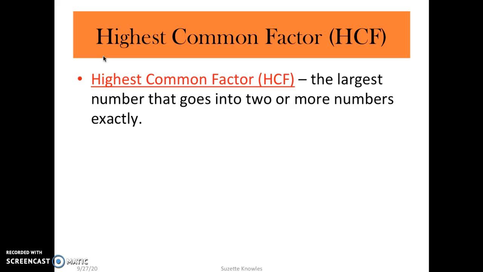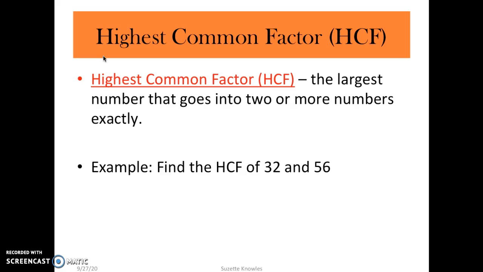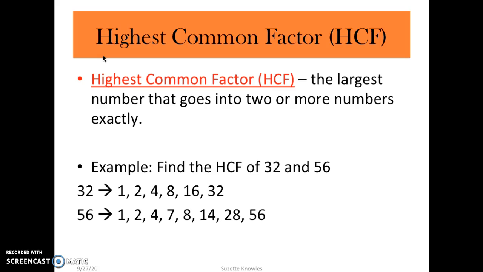HCF, highest common factor. What is the highest common factor? Here is an example. We have 32 and 56. We list all of the factors of 32, then we list all of the factors of 56.